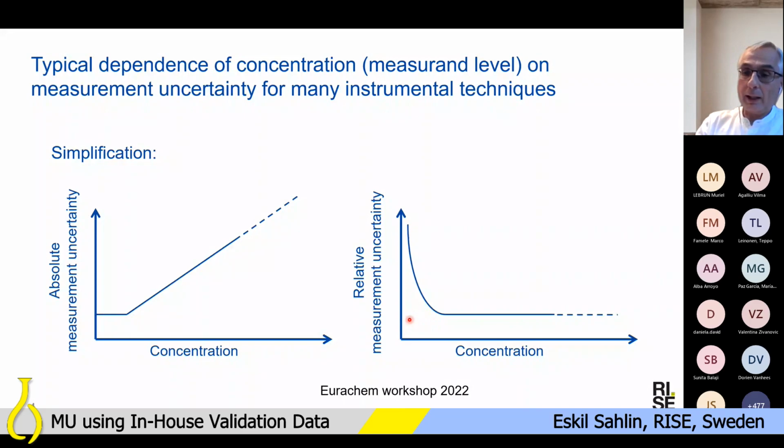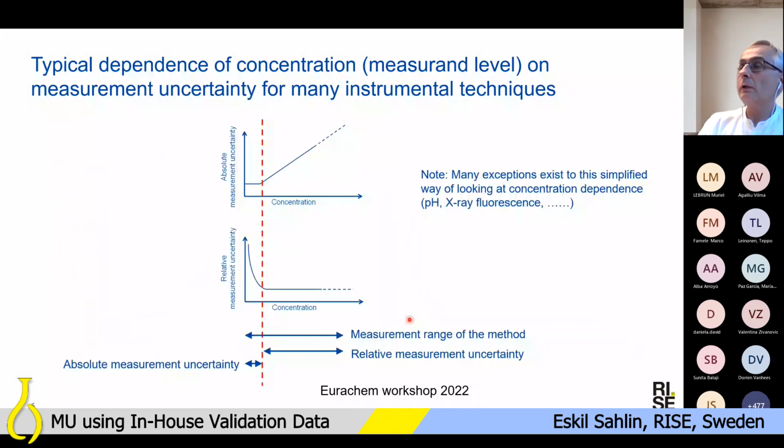And when I try to explain this at my courses, I often put these two figures on top of each other like this. And then I think it becomes very clear that at this part of the measurement range, it's very convenient to have a relative measurement uncertainty because it's independent, or at least approximately independent, of concentration.